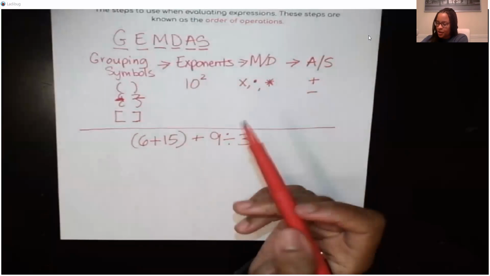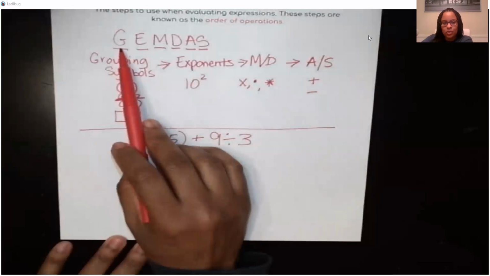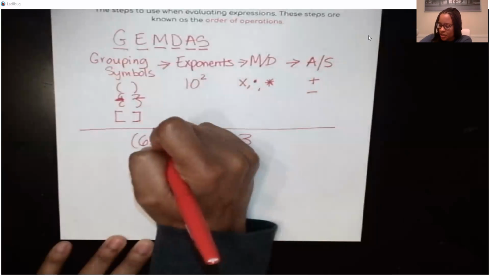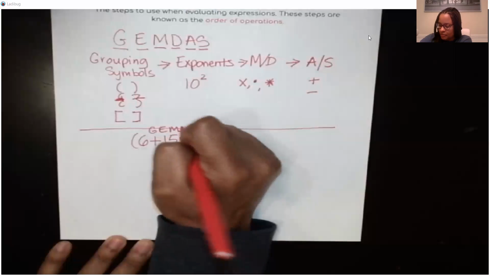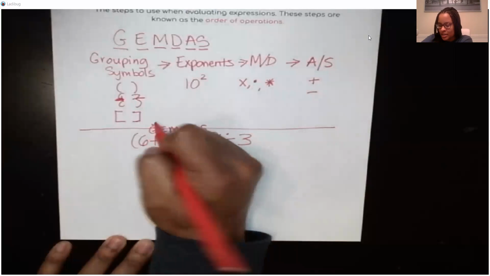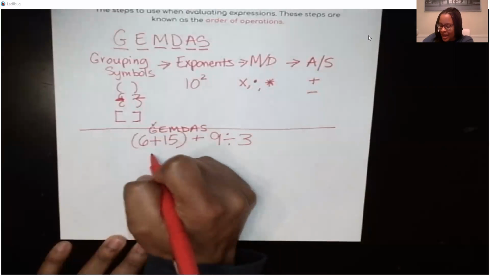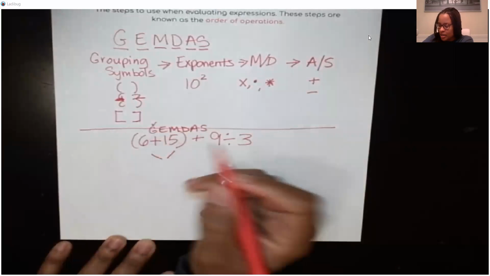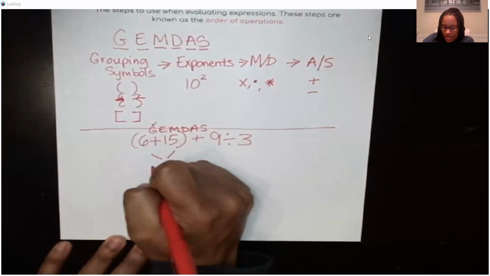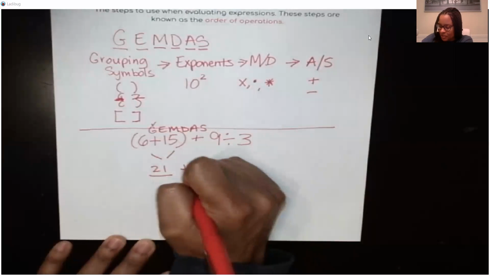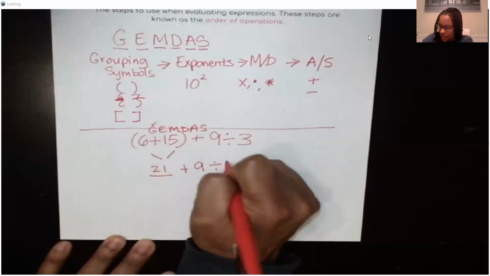So I'm going to go with, do I see any grouping symbols? Okay. So I'm actually going to put the GEMDAS up here so that I can cross it out as I go. Do I see any grouping symbols? Yes, I do. So I know I'm going to add what's in the grouping symbol first. So 6 plus 15 is going to give me 21. And then I'm going to rewrite the rest of this, plus 9 divided by 3.